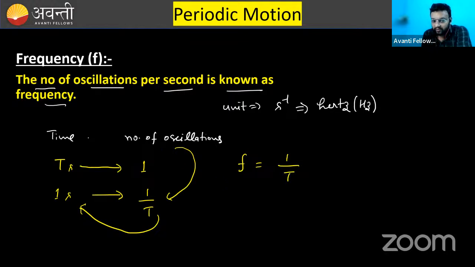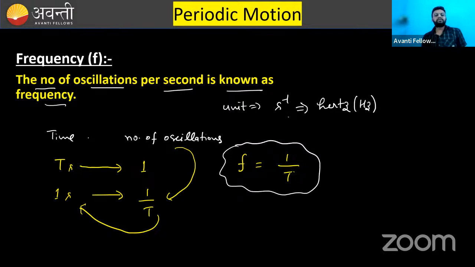I am again saying, number of oscillations, 1 by t in how much time? In 1 second is known as frequency. So frequency is nothing but 1 by t. And from this relation, you can check the unit is second inverse. So you should remember that frequency is the inverse of time period, or f is equal to 1 by time period.